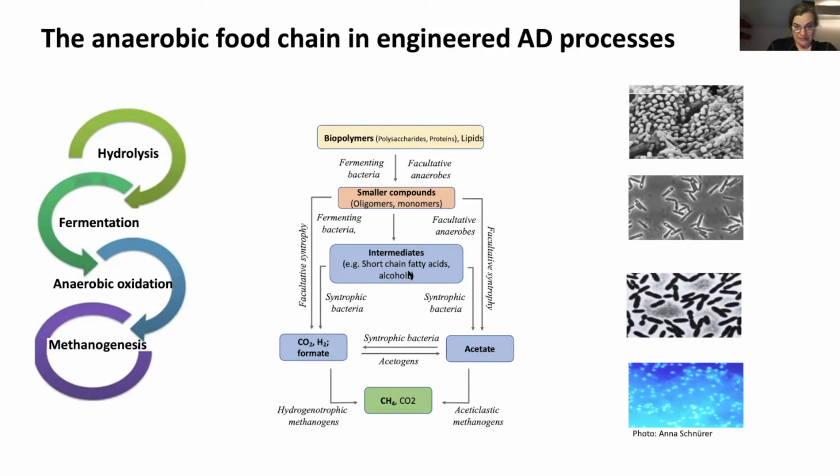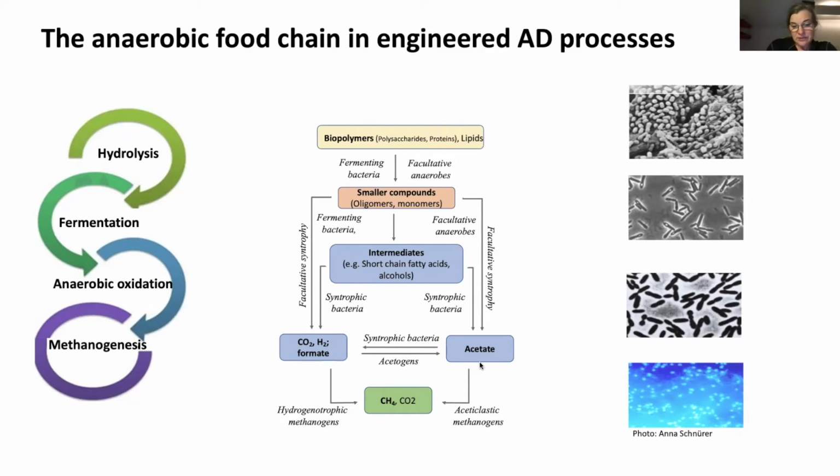And these intermediates are further degraded to carbon dioxide, hydrogen, formate and acetate by so-called syntrophic bacteria. You also have a facultative syntrophy, which means that you actually circumvent these intermediates. They produce acetate, carbon dioxide and hydrogen directly from the smaller compounds.